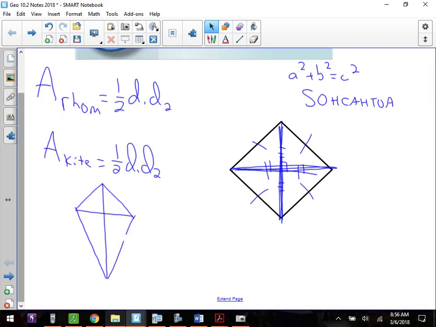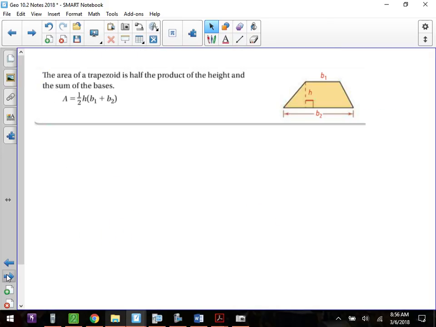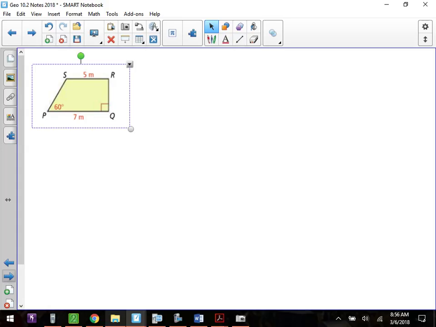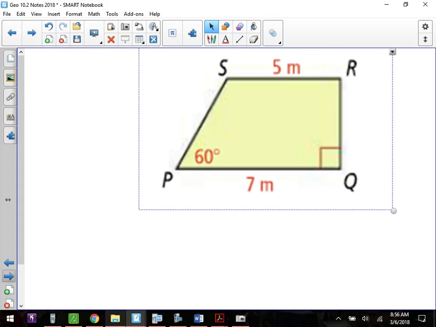When you had a kite, you had these two guys the same, those the same, and then you had your right angles here. Anyway, we've done a lot of this stuff, they're pretty easy. I just wanted to show you the quick formulas because we will have stuff like this to worry about.